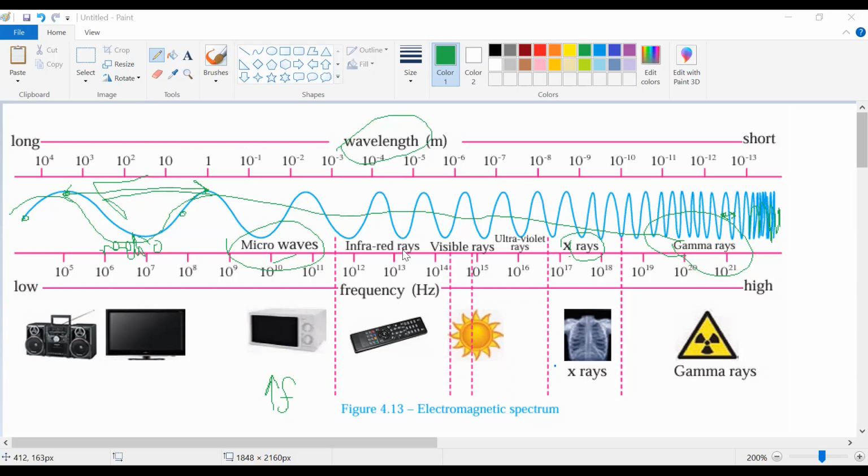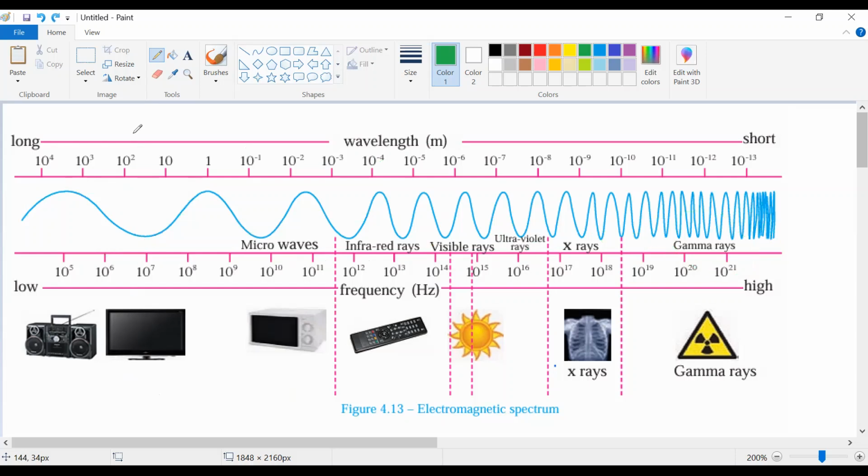Now let's look at one more. Ultraviolet and infrared. Out of these two, which one is having the higher wavelength? Which one is having the higher wavelength, son? Ultraviolet. Infrared rays.